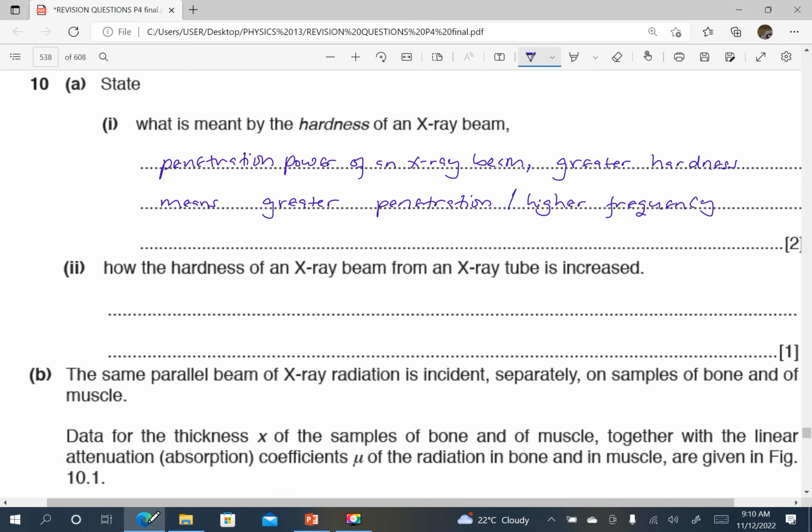How can the hardness of an X-ray beam from an X-ray tube be increased, not controlled, but increased? If we want a higher hardness, we have to increase the accelerating PD.